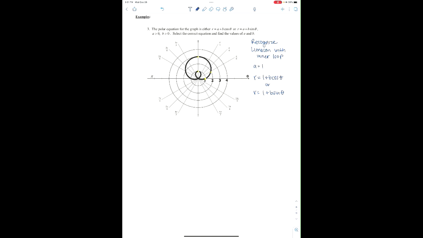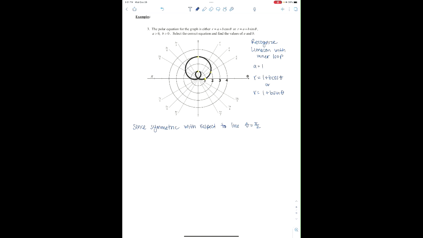Since this is symmetric with respect to the line theta equals pi over 2, then it must pass the test for that.